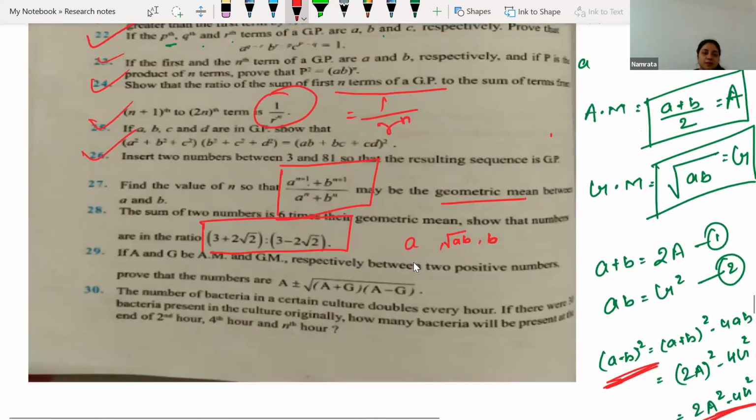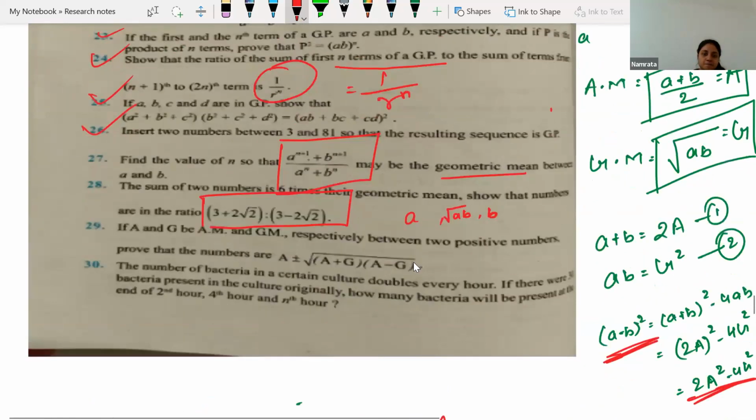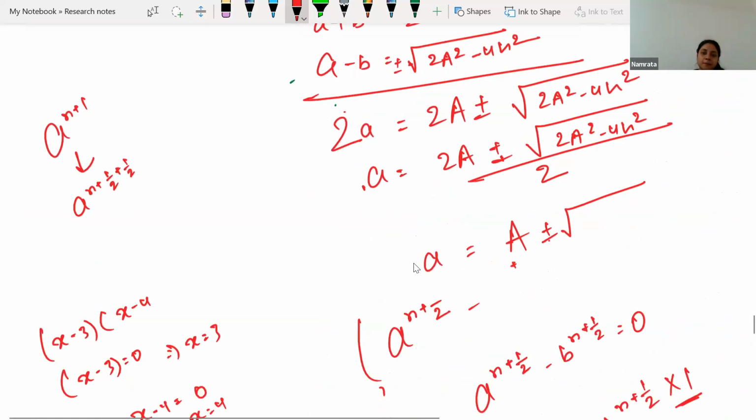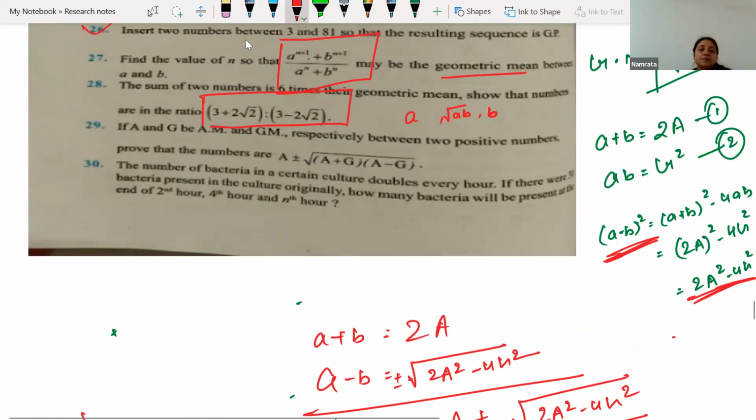What we wanted to find? Are we missing anything? Let's check. Oh yeah, can you see here I have not taken the square properly? Yes, ma'am. It will be 4A square, right?